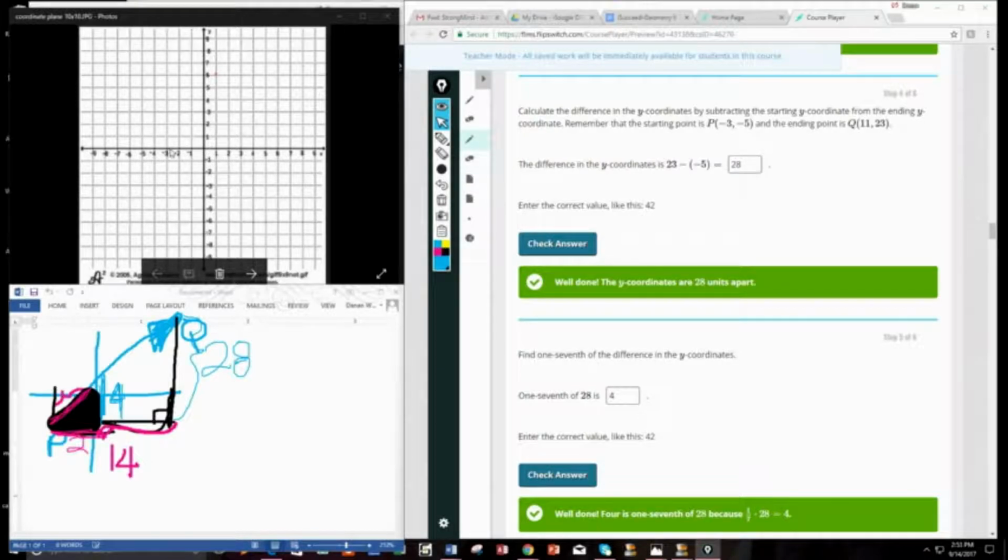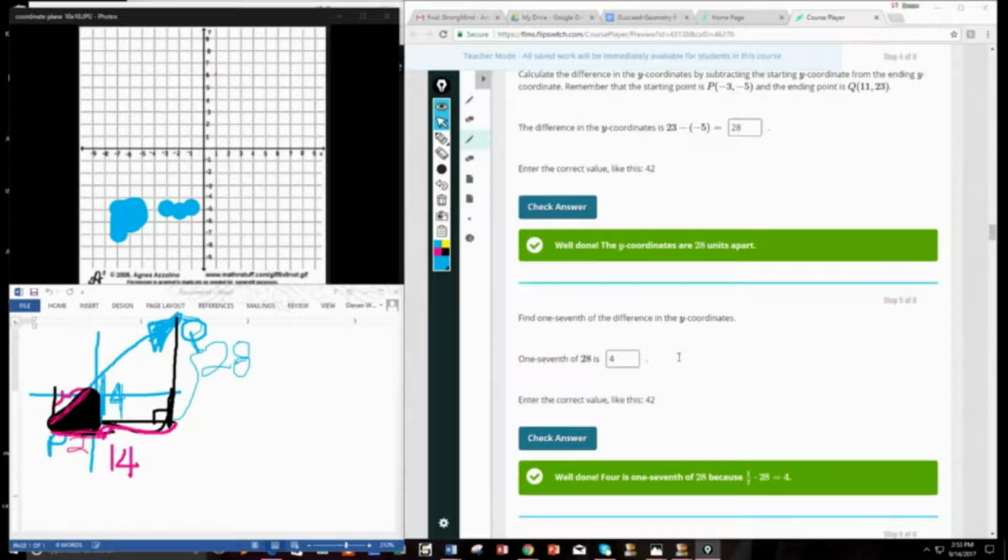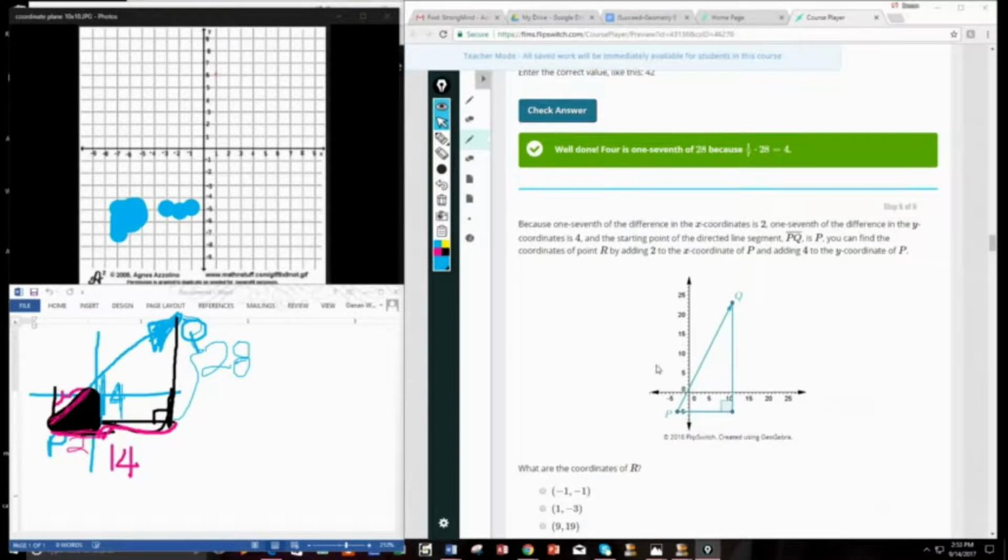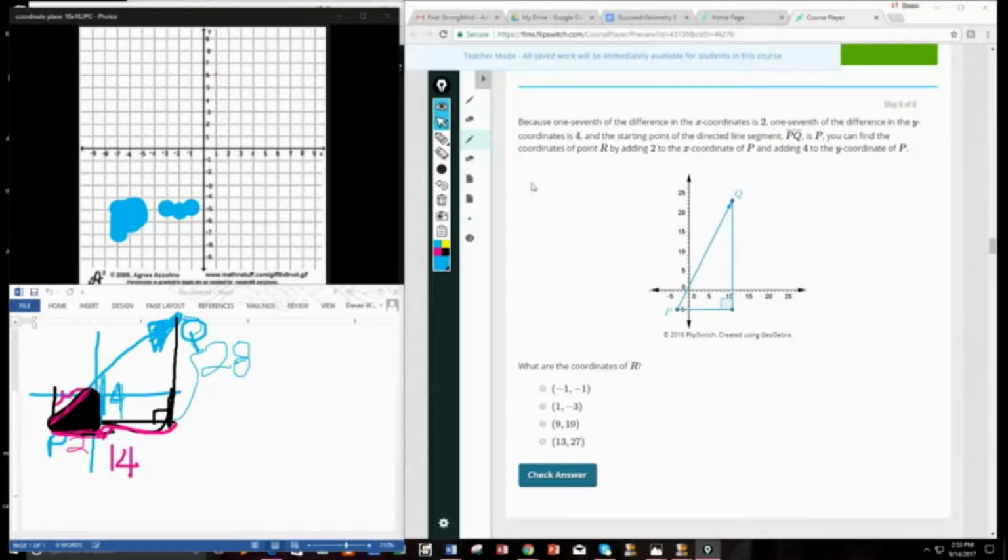P is at -3. If you know that is your starting x coordinate, -3, -5. Okay, there's our P. If we know that this is our starting x coordinate and the 1/7 length is 2 units long, then I can count 1, 2. That's -1. So my x coordinate for R is going to be -1.